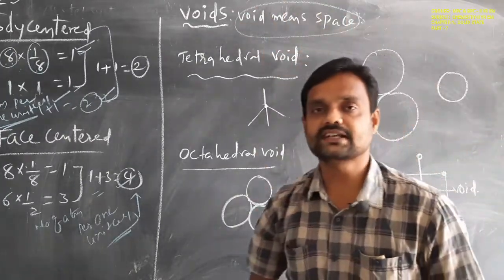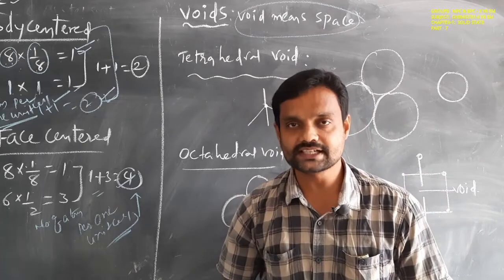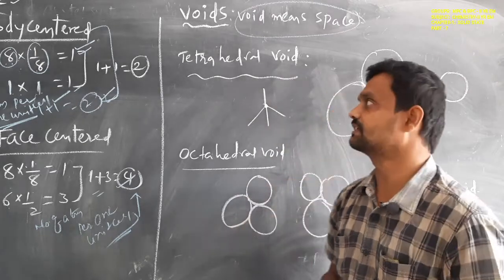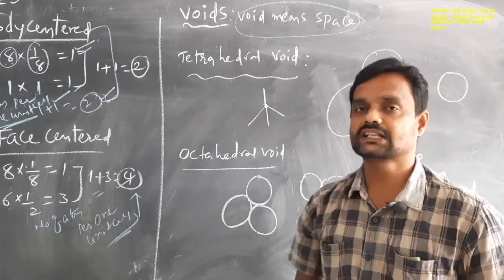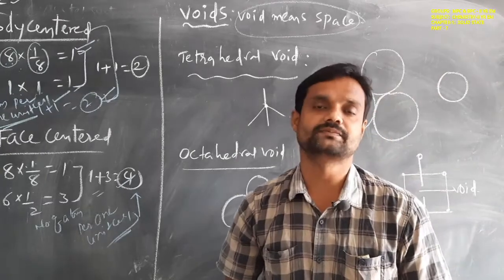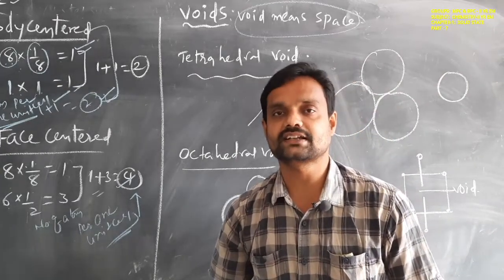In our syllabus there are 2 types of voids: one is the tetrahedral void, another is the octahedral void. What is meant by the tetrahedral void?